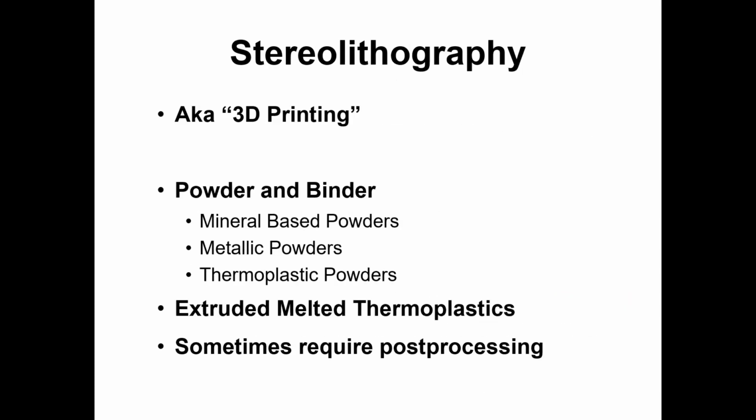Let's see. The last thing I want to talk about is 3D printing, or the technical term is stereolithography. This is building up a part very slowly from a powder, typically a powder or some kind of resin. You're probably all familiar with this, but there's mineral-based powders, there's metallic-based powders, there's plastic-based powders.